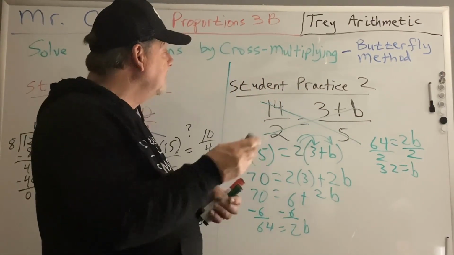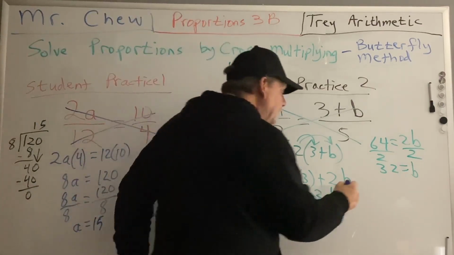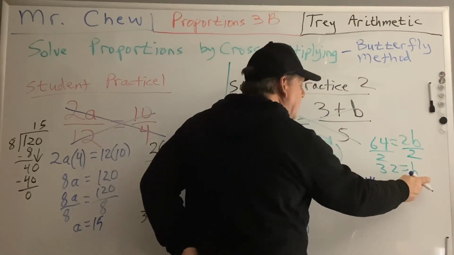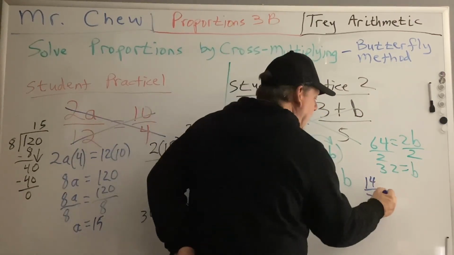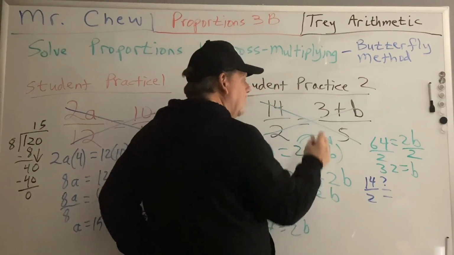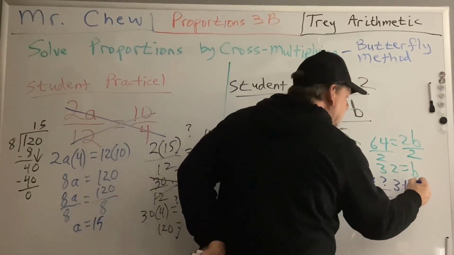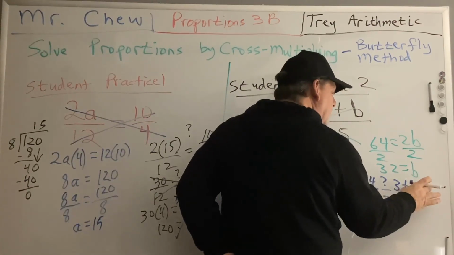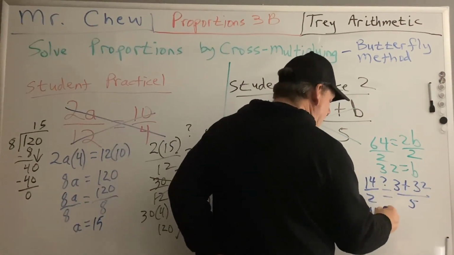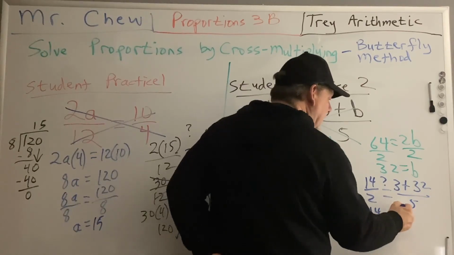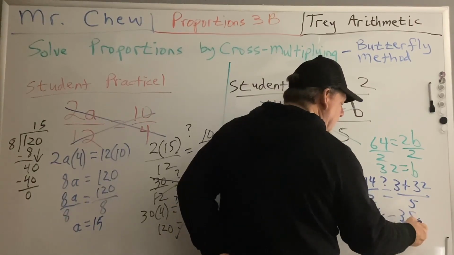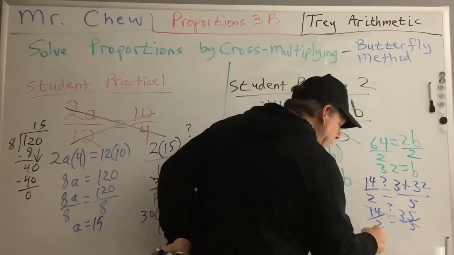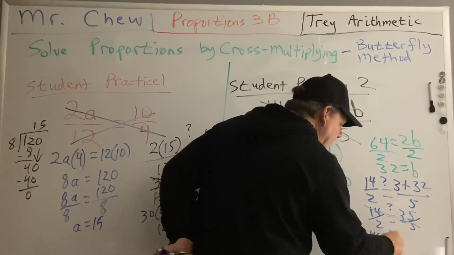How do I check it? I go back to my original, and wherever there's a b, I put a 32. And I put a question mark above the equal sign. I have to do the 3 plus 32 first before I cross multiply. I do 14 times 5.